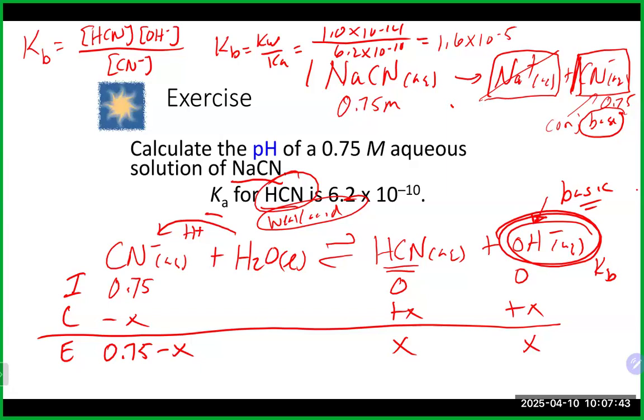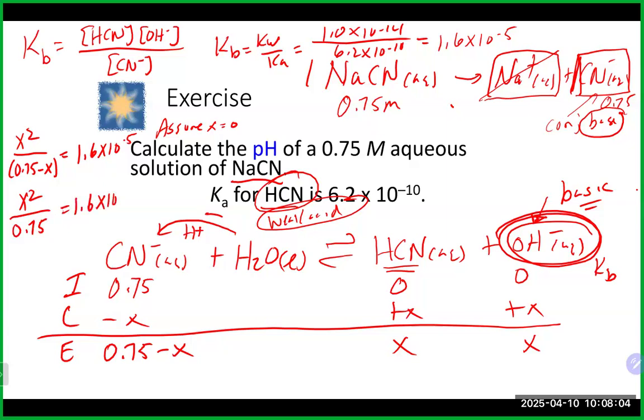So putting in our values would get us x squared divided by 0.75 minus x equals 1.6 times 10 to the minus 5. We could assume x is equal to 0. That's going to get us x squared divided by 0.75 equals 1.6 times 10 to the minus 5.